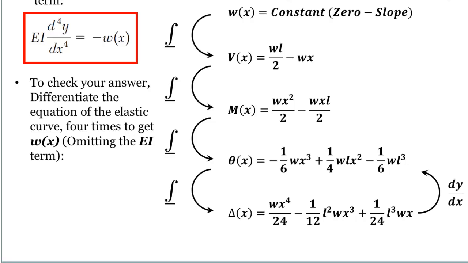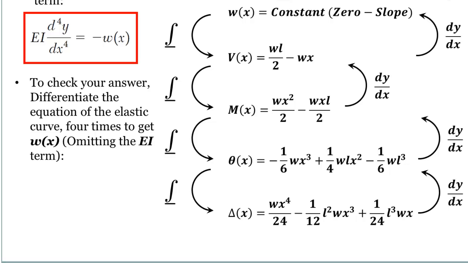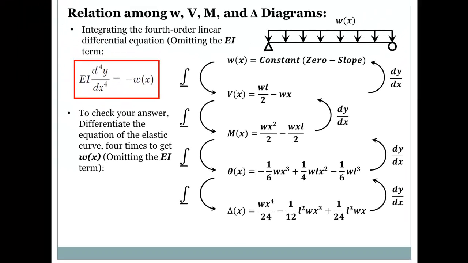So you start with x to the 4 and you get an x to the 3 term, then you differentiate one more time and you get x to the 2 power. Then you differentiate one more time and you get x to the first power. Then if you differentiate a last time, you will get a constant.